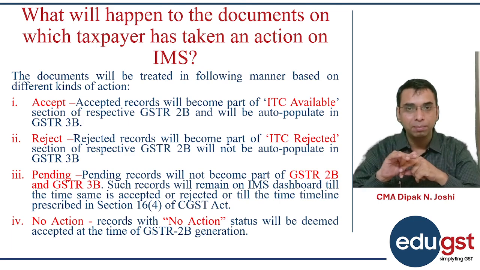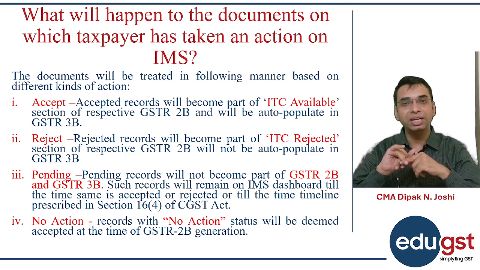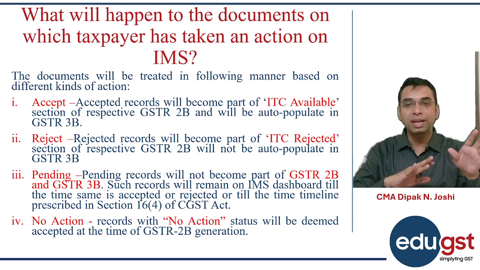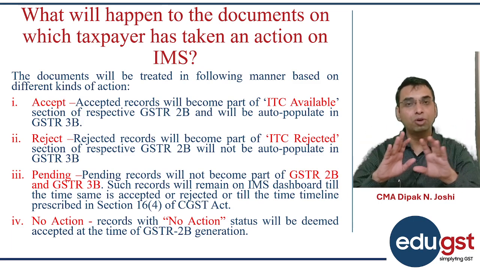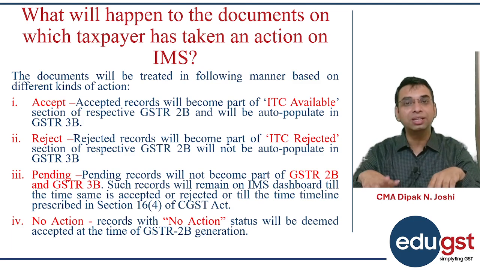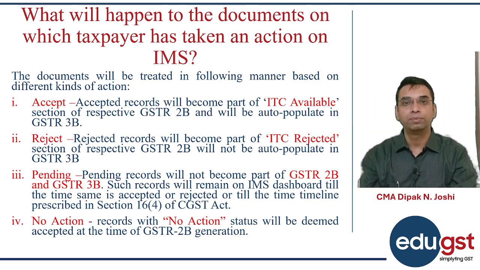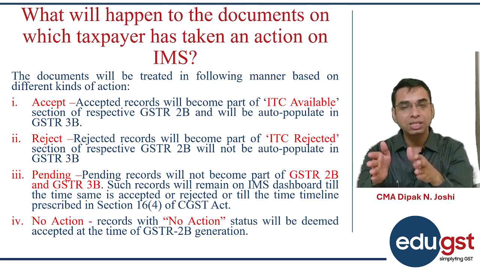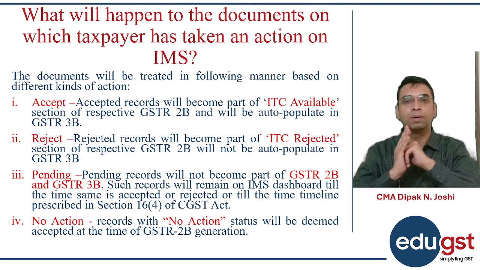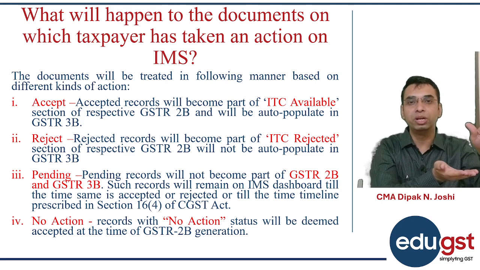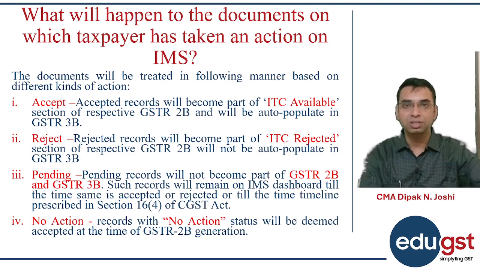So accept means accepting the record, reject means rejecting the record, pending means you are keeping those records pending for future action, and no action, if you are not taking any of these three actions, in that case the portal will assume that you are accepting the record, and accordingly details of those invoices will flow to your invoice management portal and subsequently to your GSTR 3B.